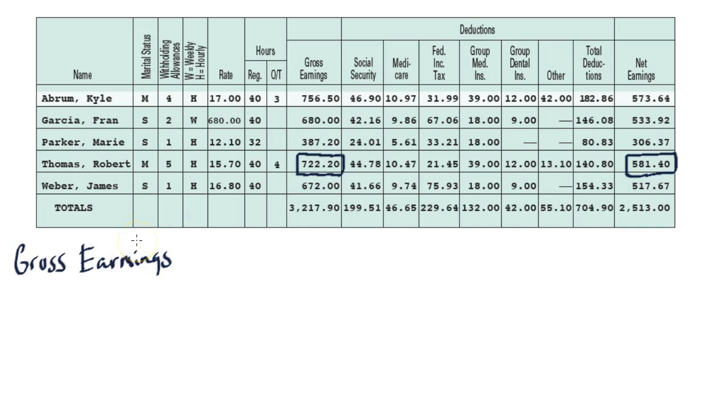Gross earnings is based off of the employee's hourly rate, which is this column right here, and how many hours they work, regular and overtime. And we need to remember when you're considering overtime, the Fair Labor Standards Act, which was mentioned in the previous slide, which has to do with any hours worked over 40 hours, you get time and a half.